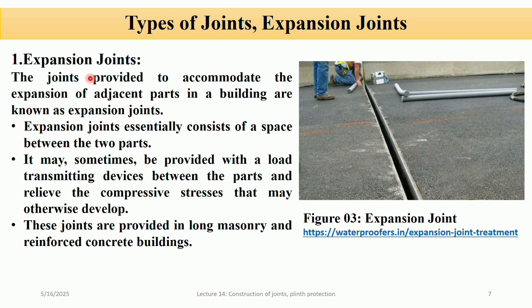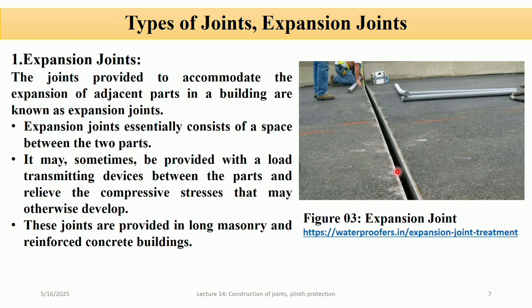Now let's discuss in which buildings especially we have to use expansion joints. Expansion joints are commonly used in long masonry walls, reinforced concrete buildings, and bridges. They are especially important for buildings which have larger length and are located in areas with high temperature variation.